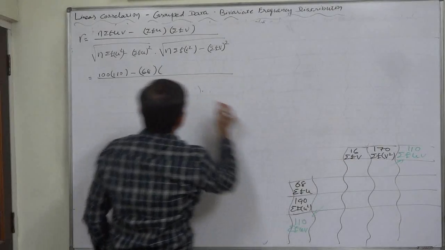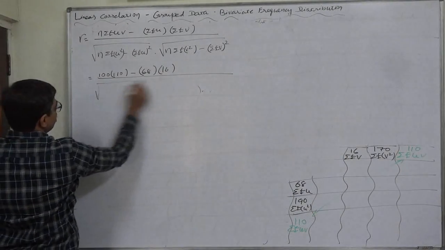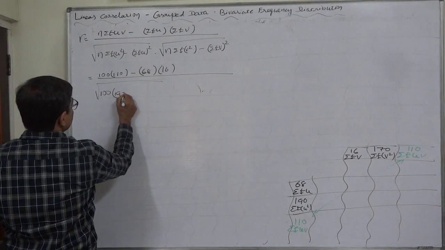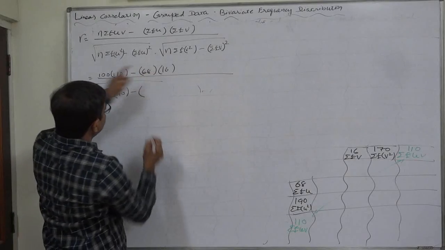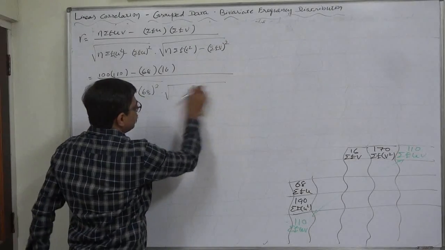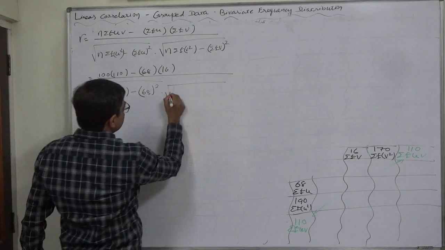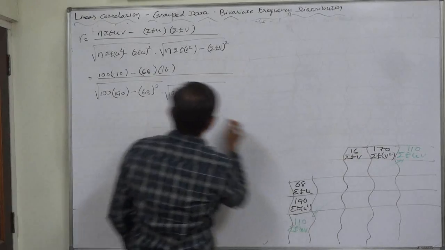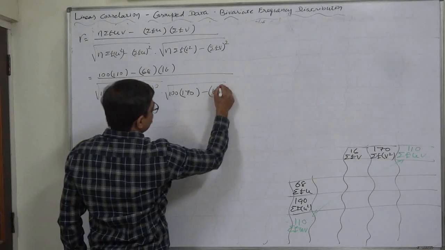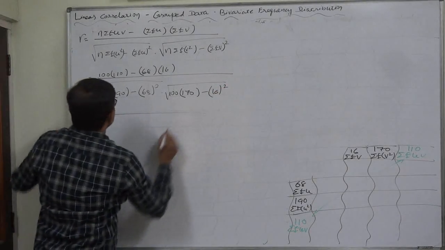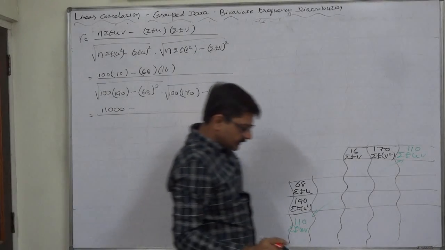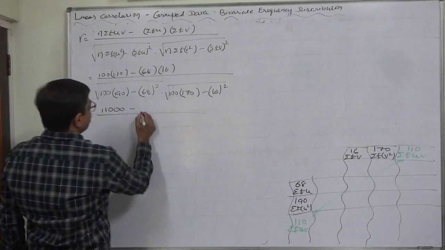Sigma FV is 16 upon under root n is 100, sigma FU square is 190 minus sigma FU 68 the whole square into under root n is 100, sigma FV square is 170 minus sigma FV the whole square 16 the whole square. Multiplying, it gives 11,000 minus 68 into 16. 68 into 16 is 1088.